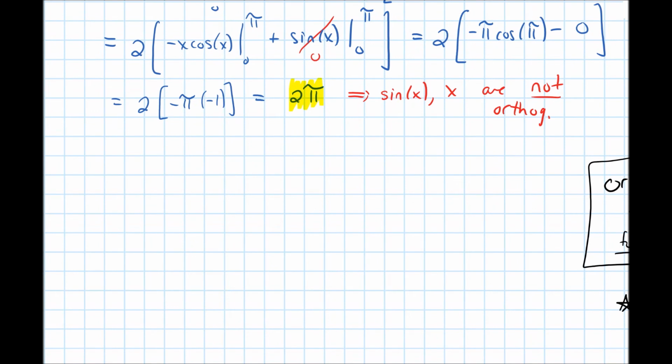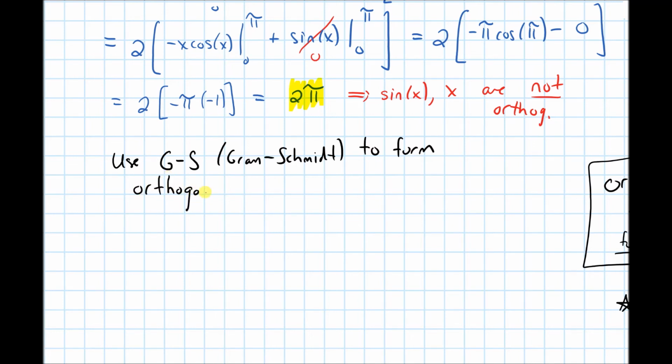So now let's use Gram-Schmidt, the Gram-Schmidt process, to form an orthogonal basis for W.